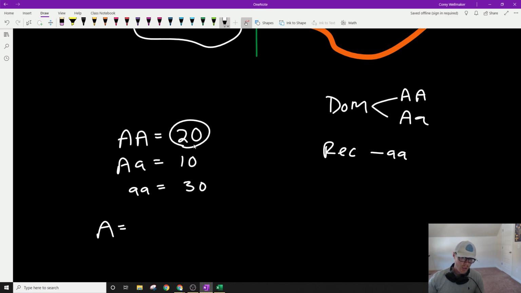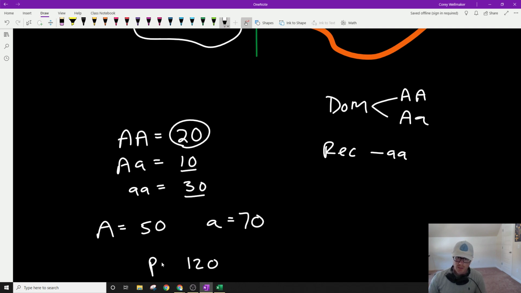Well, if there are 20 people who are big A big A, that means there are 40 big A's from this group, and there are 10 big A's from this group, so there are 50 big A's. How many little a's are there? Well, there are 10 from this group, and there are 60 from this group, so there are 70 little a's. How many total alleles are there? 120, if I did my math right. Yeah, 120.